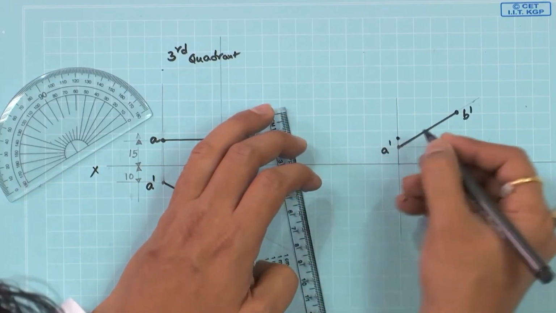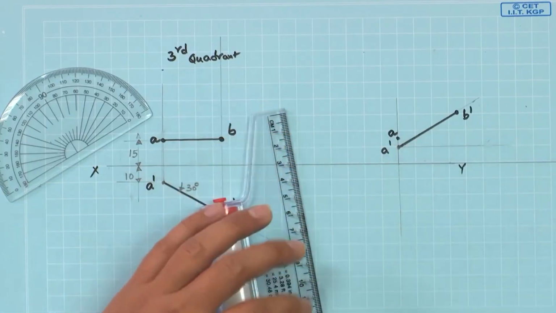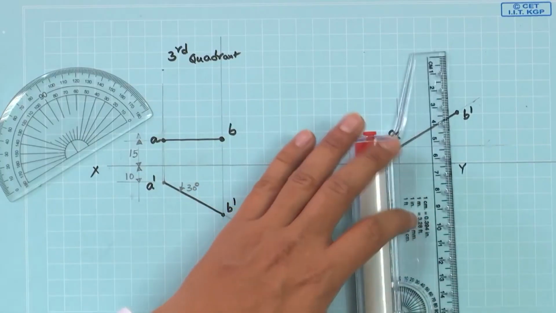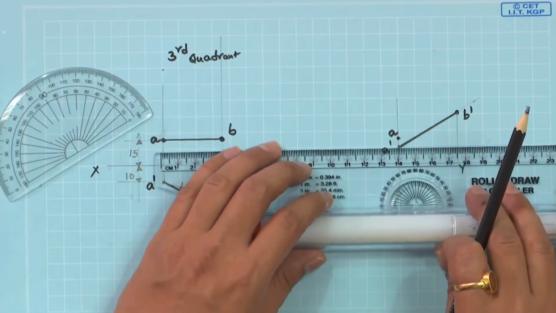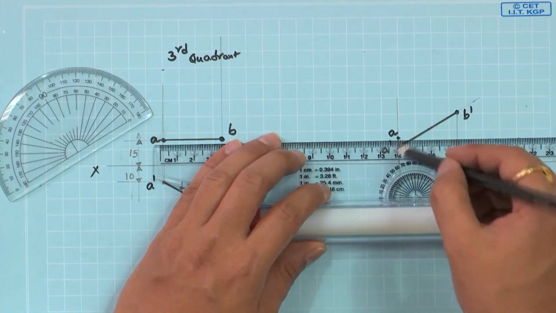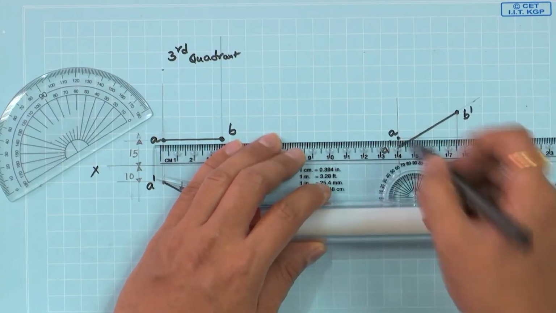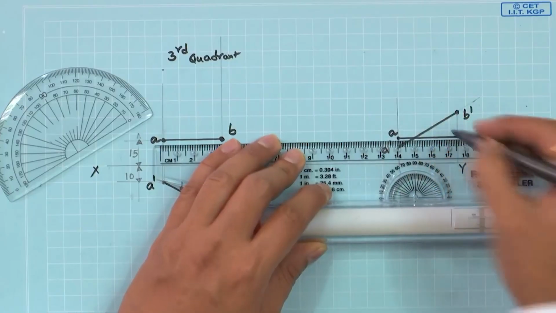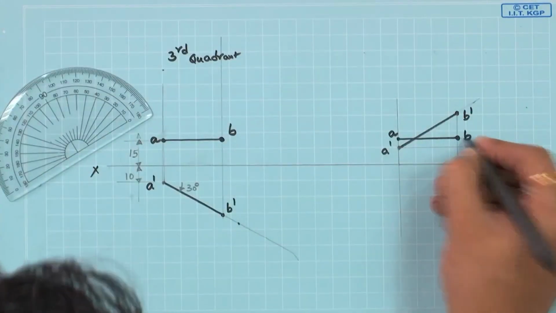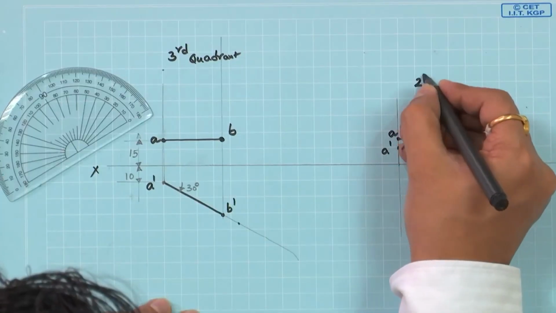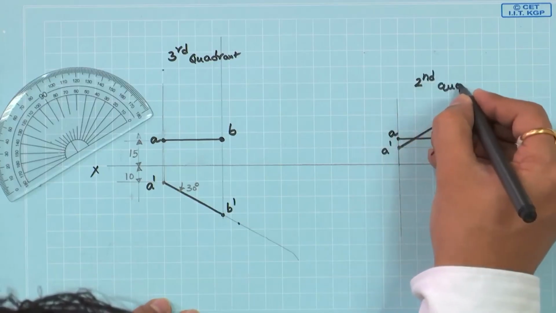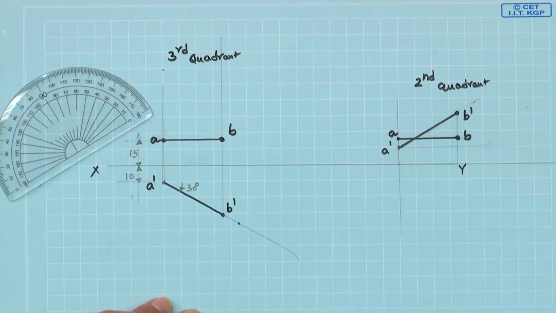So, let us mark that one as A point, and B has to be projected down, and draw a horizontal plane which we are going to rotate it. So, this must be AB. And name it second quadrant.